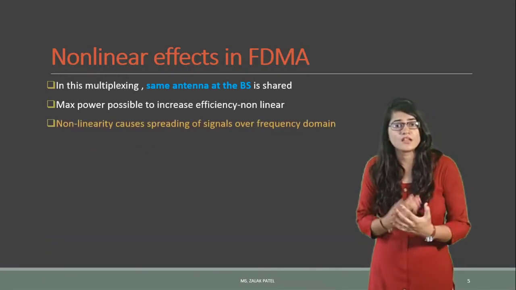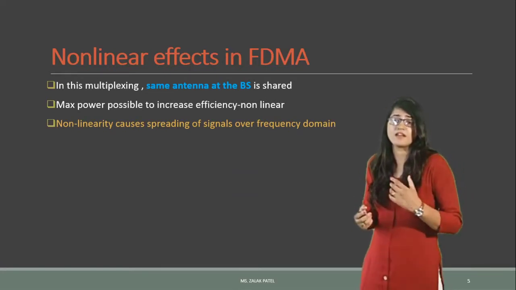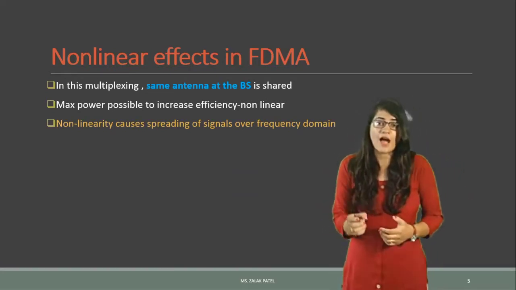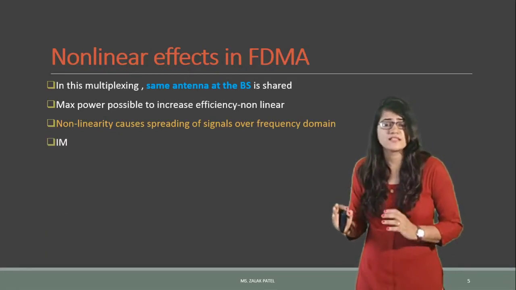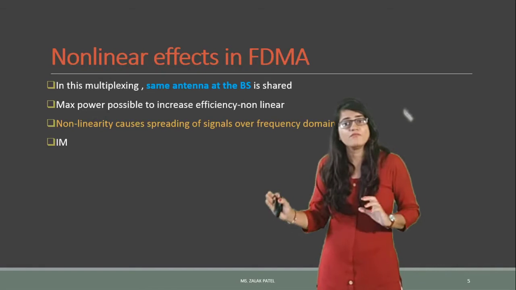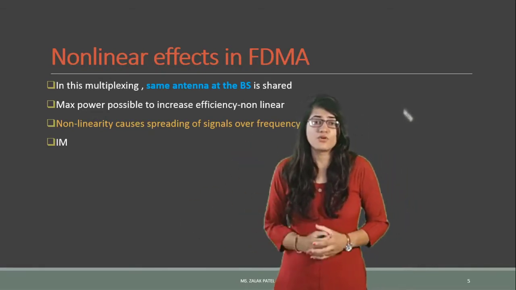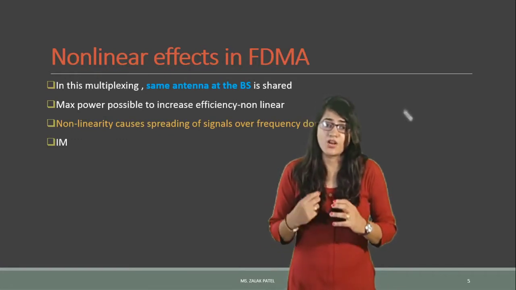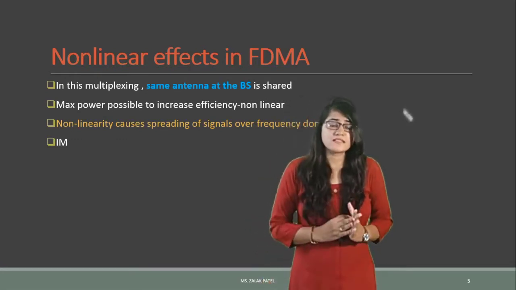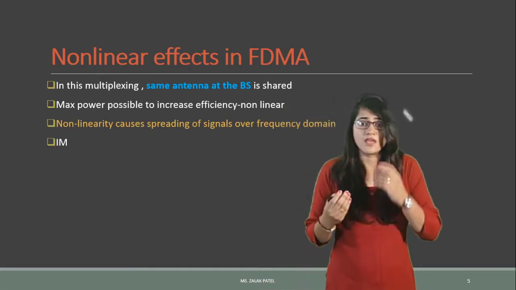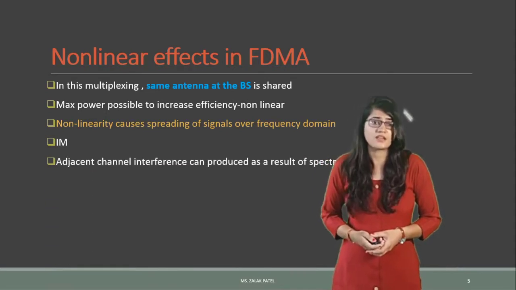And if this distortion is present, there may be a case of IM. IM means intermodulation. It is always an undesirable term, and we should try to keep it to a minimum level. To reduce this IM level, or because of the maximum power transmitted, FDMA needs more filtering compared to the other techniques.